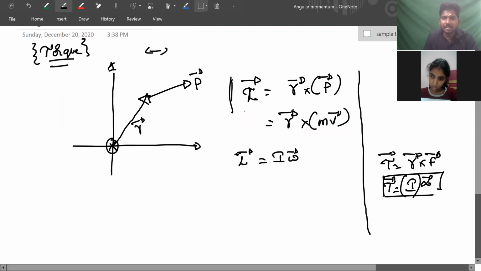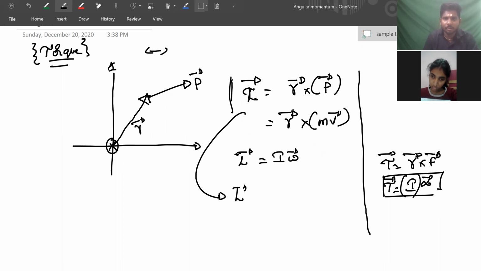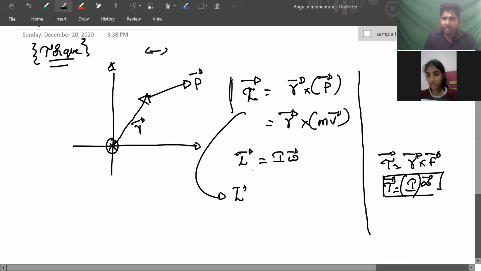Then, like this, from torque also I taught you how this can be solved. Now, in torque, what did he tell you?